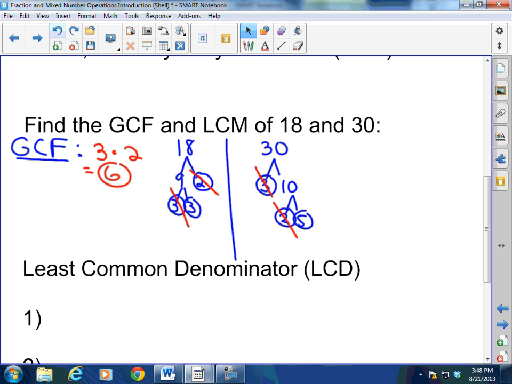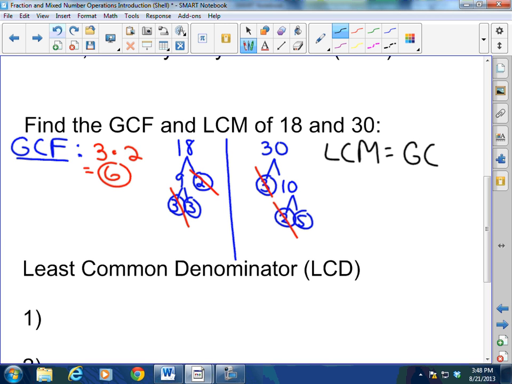Now, let's look at the LCM. The LCM equals the GCF, so you've got to find the GCF, times, multiplied by, all leftover primes. So let's investigate this one here.